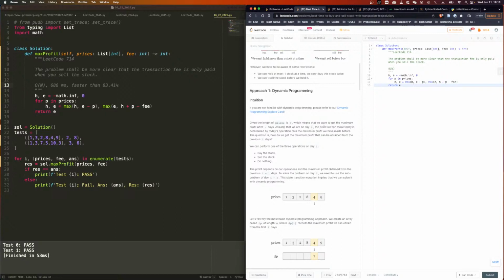On day i, the profit we can make today is determined by today's operation plus the maximum profit we have made before.